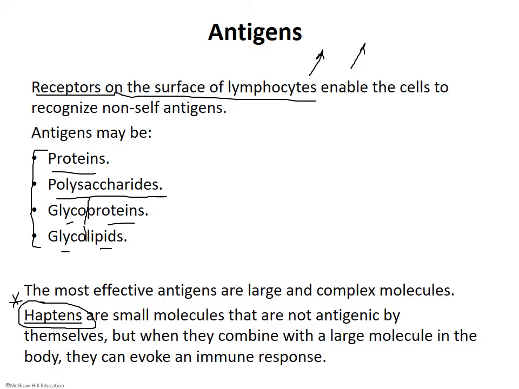So just know that where an antigen is a complex molecule on a cell surface, we can have molecules that are not attached to cells that are called haptens. They're generally small, and they can produce the same immune reaction as an antigen.